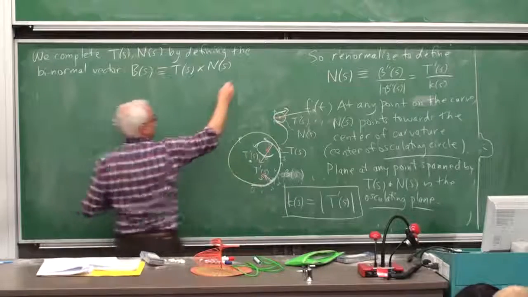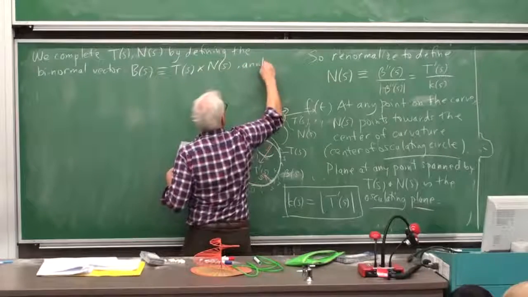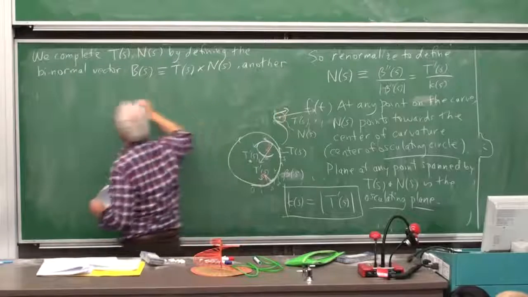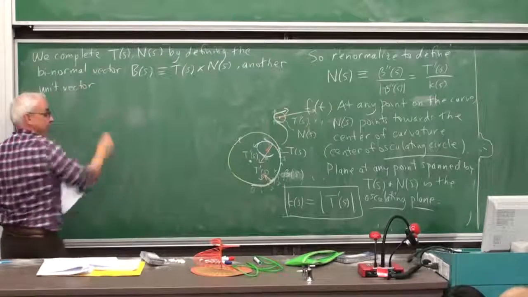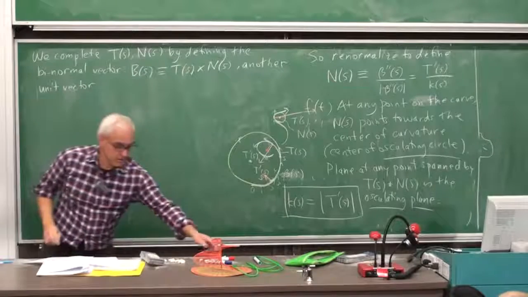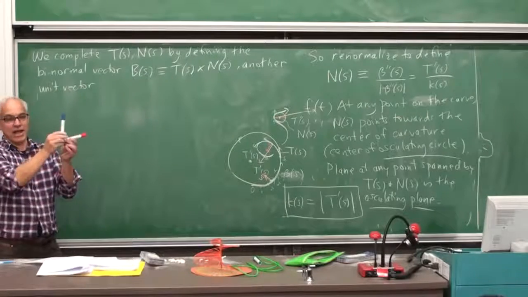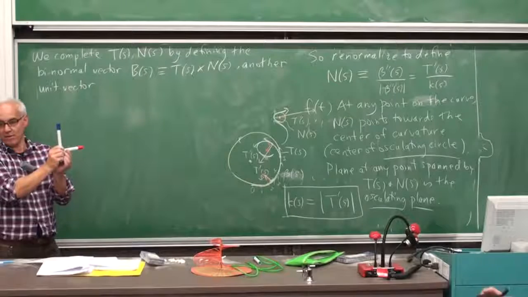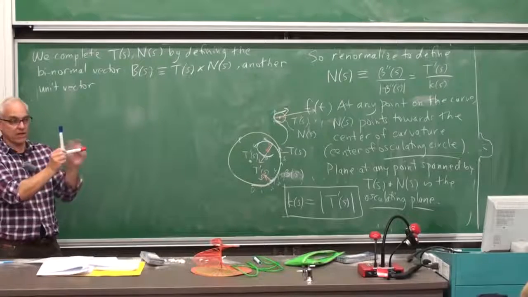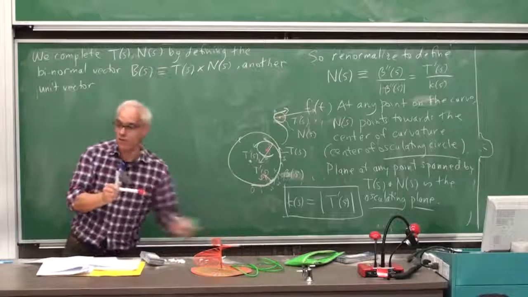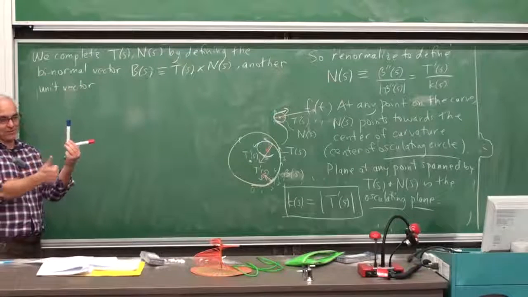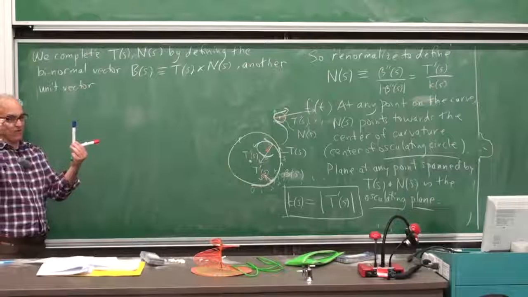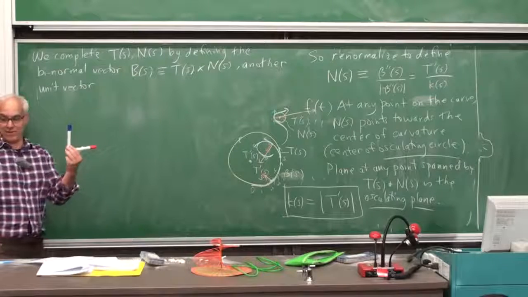This is another unit vector because T and N are perpendicular and they're both of length 1. They're perpendicular and both of length 1, so when you take their cross product, I remind you, you have to use the right-hand rule to do that. That means you have to use these 3 fingers, 1, 2, and 3.